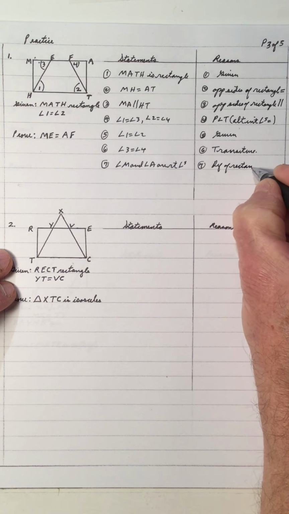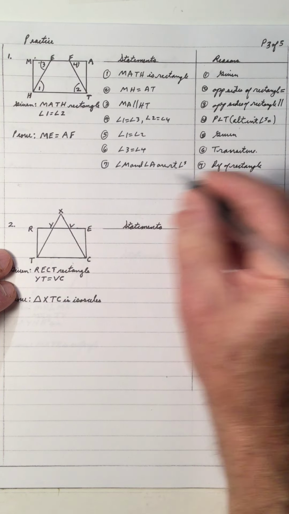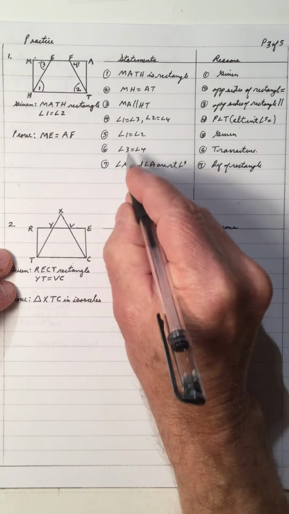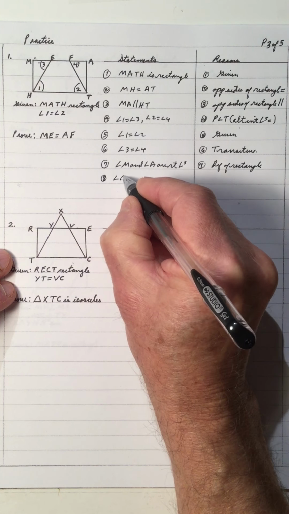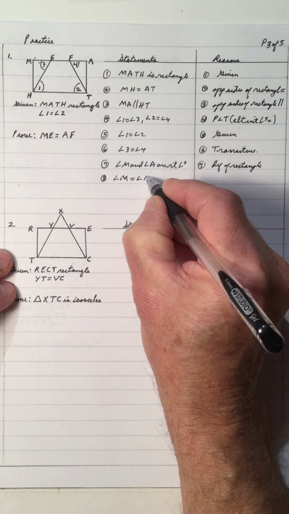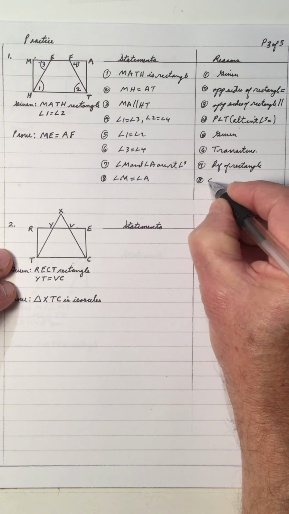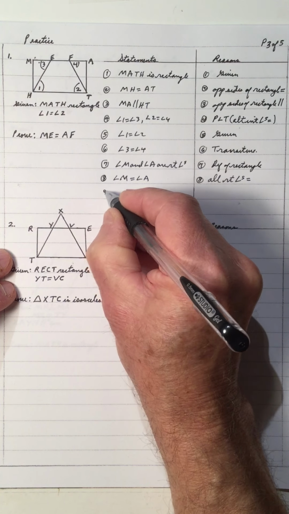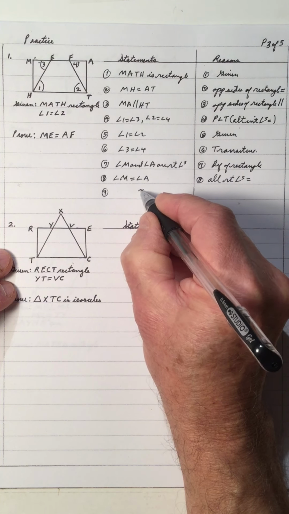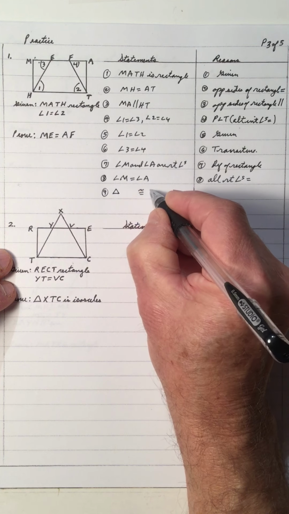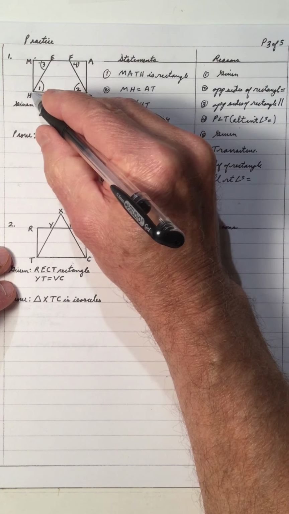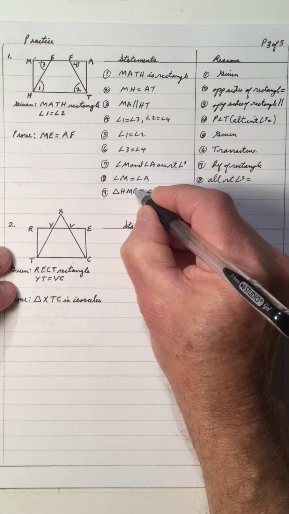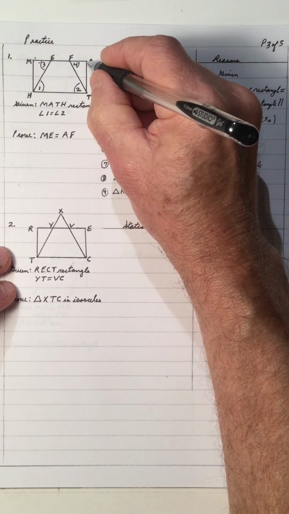A rectangle has 4 right angles, but I only need to look at these two, angle M and angle A. That means that angle M is equal to angle A because all right angles are equal. That means the triangles are congruent: HME congruent to TAF.